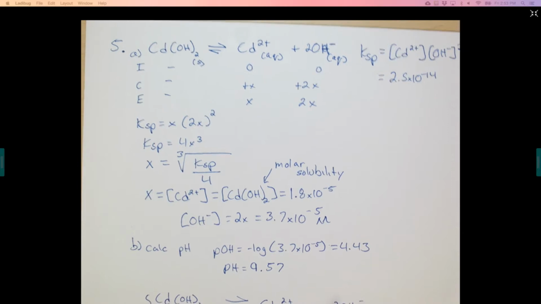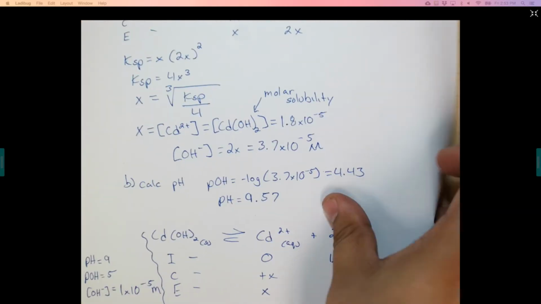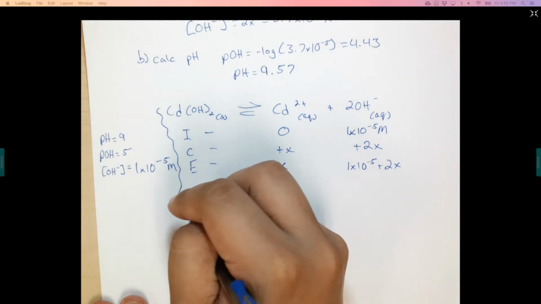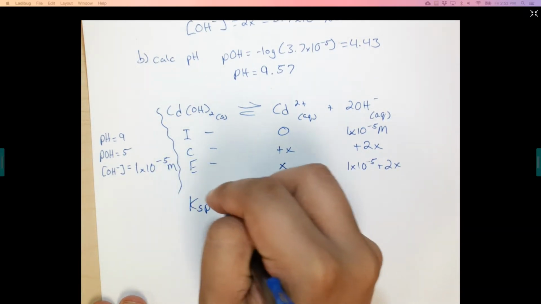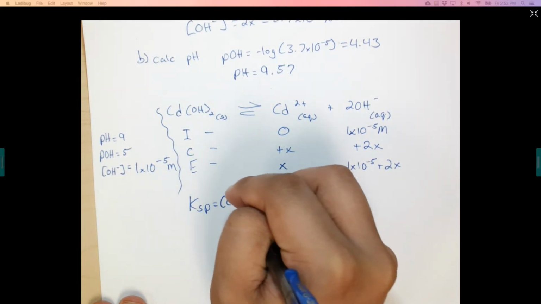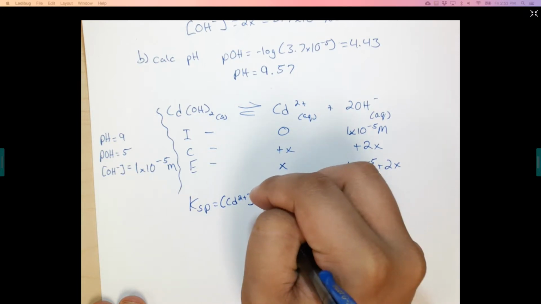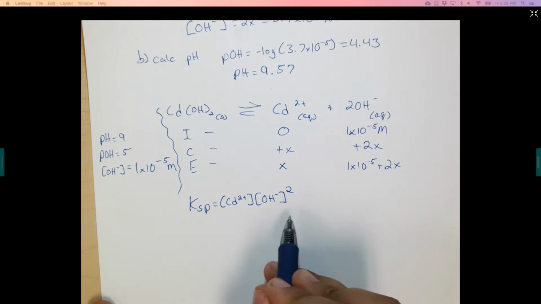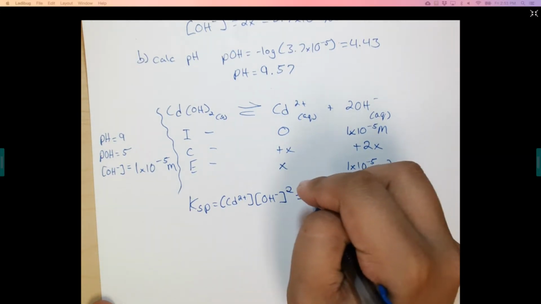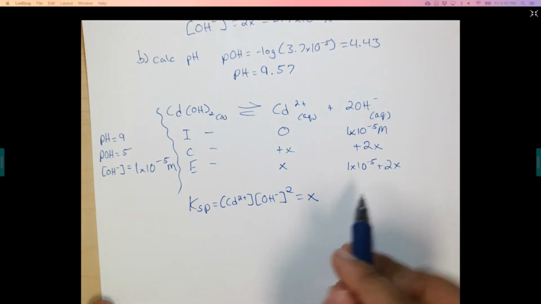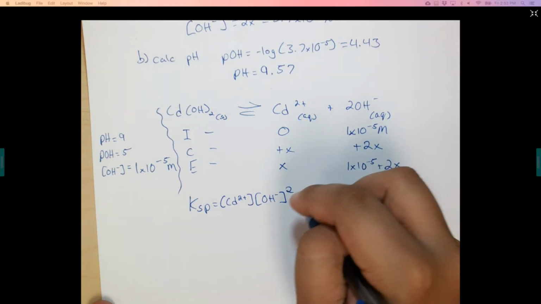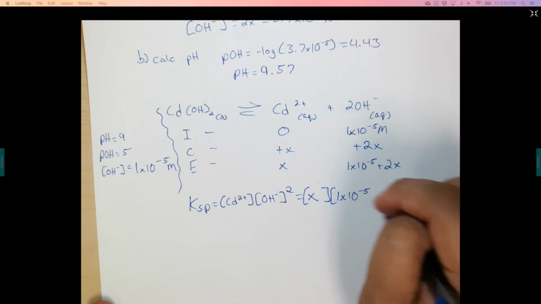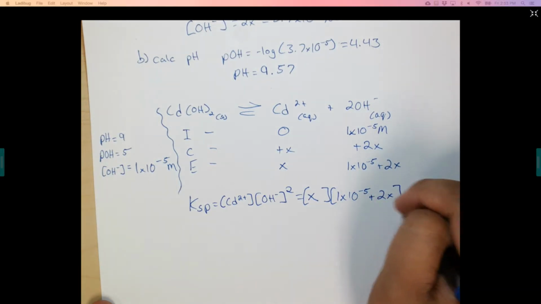Remember our KSP expression up here. We now need to use that KSP expression, but we need to make some assumptions. KSP is equal to cadmium 2+ concentration times hydroxide squared, so the cadmium 2+ concentration is x in this scenario, and the hydroxide concentration is (1 times 10 to the -5 plus 2x) squared.